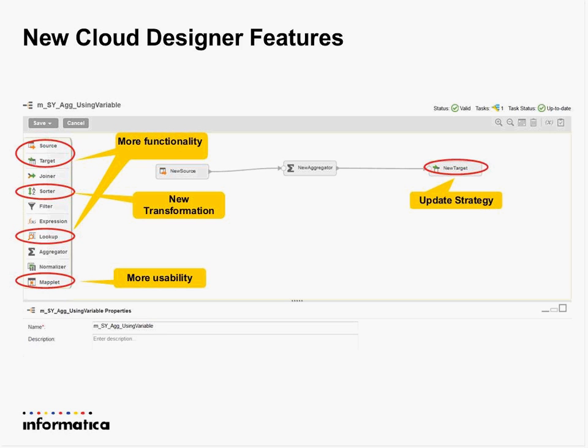Ashwin, the kind of enhancements we've put into the Cloud Mapping Designer really take the Mapping Designer use cases into more of the heavy-duty scenarios where, especially around data warehousing, we just heard Pratik talk about Redshift and how our connector has been updated. You can leverage the Redshift connector through the Mapping Designer.